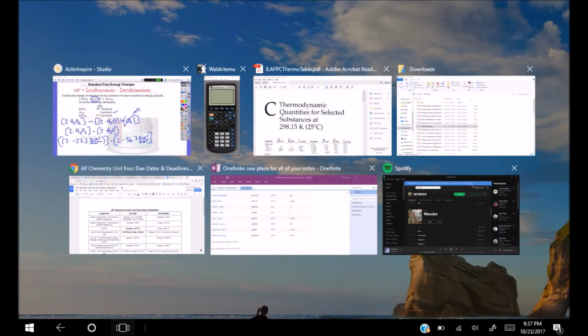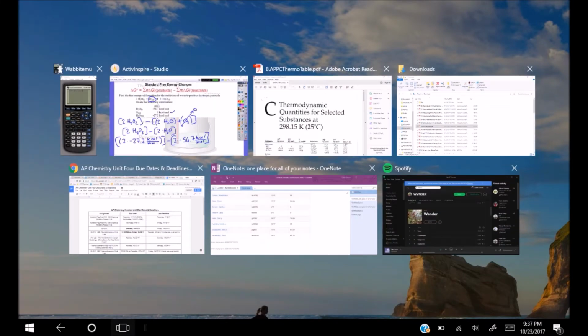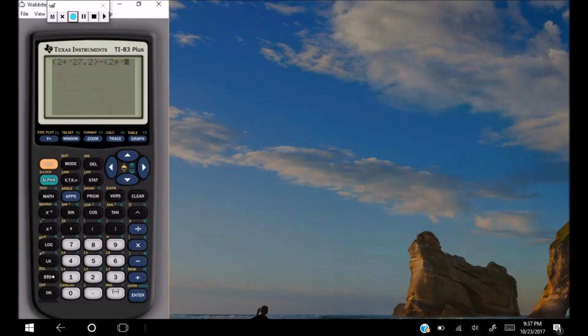2 times negative 27.2, close parentheses, minus 2 times negative 56.7, okay?